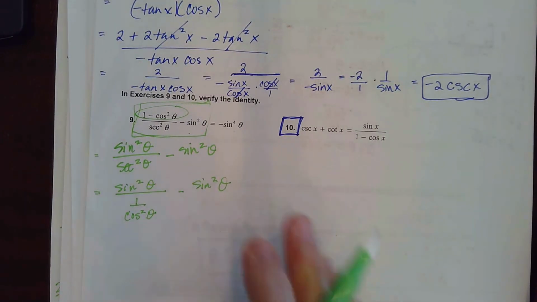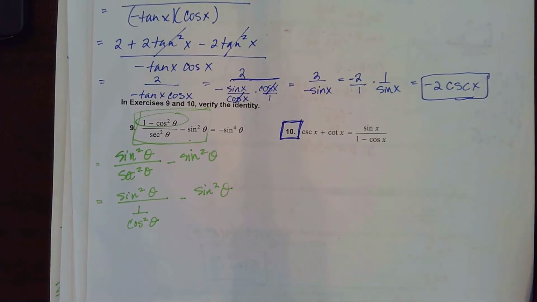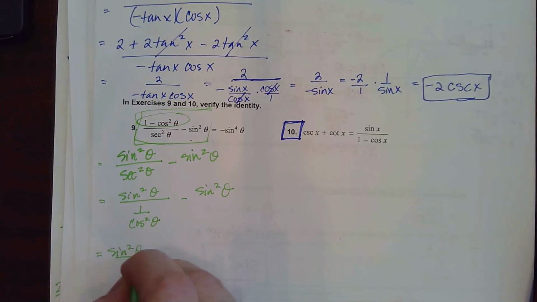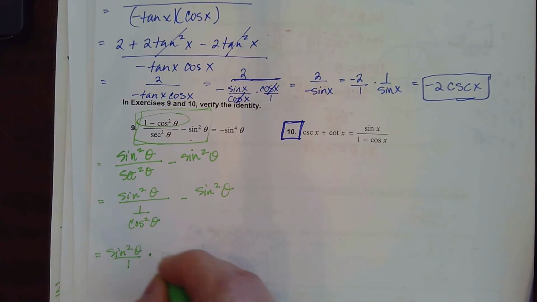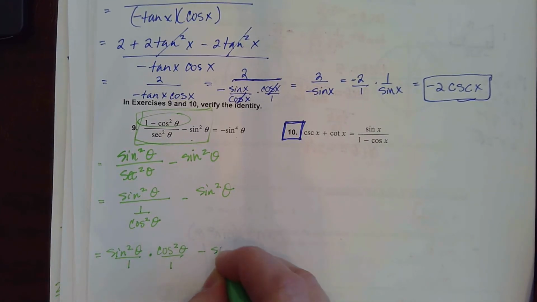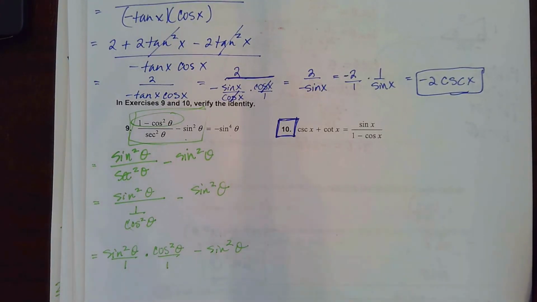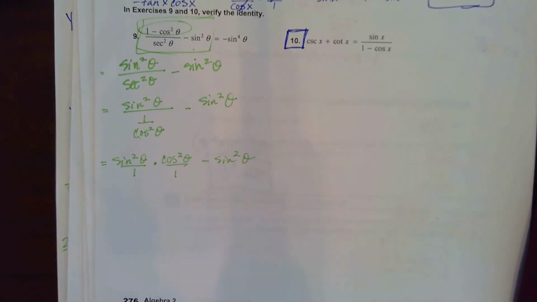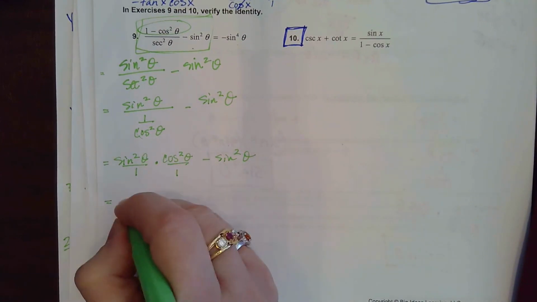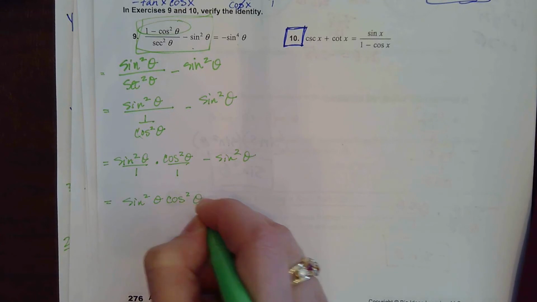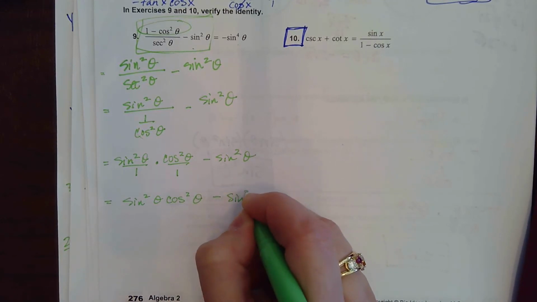Then I'm going to do this division. So I have sine squared theta over 1 times cosine squared theta over 1 minus sine squared theta. I just did this division here, so I changed it to multiplication. What this gives me is sine squared theta cosine squared theta, those are being multiplied, minus sine squared theta.